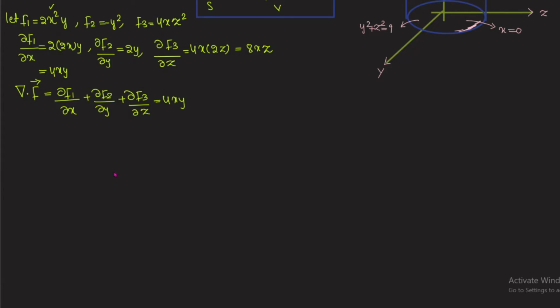Here we have a minus sign for y squared, since f2 is negative, so I am getting a minus sign here: minus 2y, plus 8xz. We got the del dot F bar value as 4xy minus 2y plus 8xz.